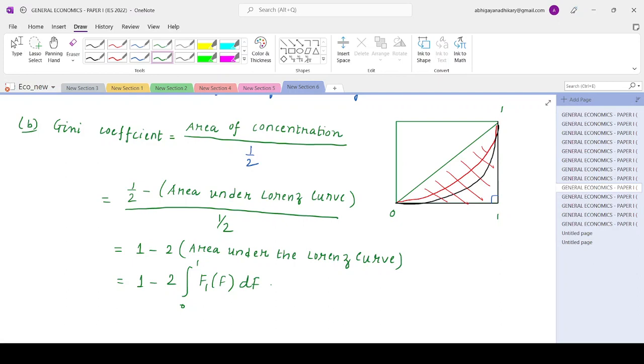Since the question does not specify which form of the expression they want for the Gini coefficient, we have just mentioned the idea on which we can build the measure. Obviously, in case of empirical data, the expression will change slightly, but the idea remains unchanged. So that's it for part B of the question. Thank you.